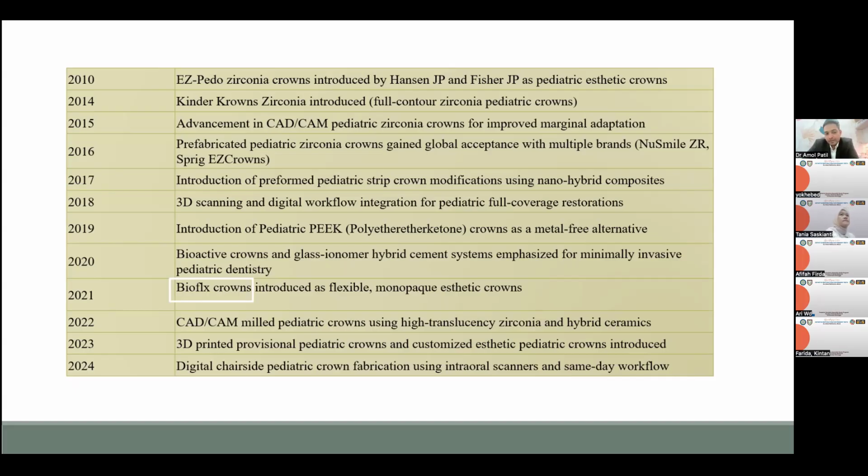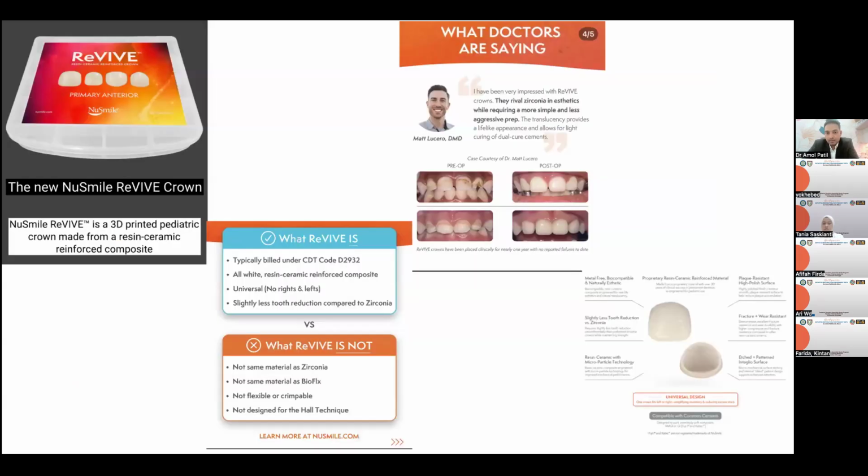Recently, 2023 and 2024, everyone is shifting towards 3D printed crowns or resin crowns, like Revive crowns. These are launched, not commercially launched yet, but these are available in the market since 2026.